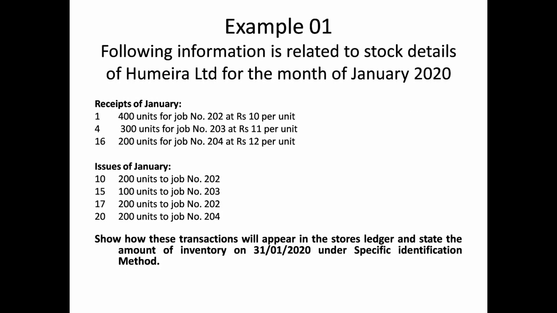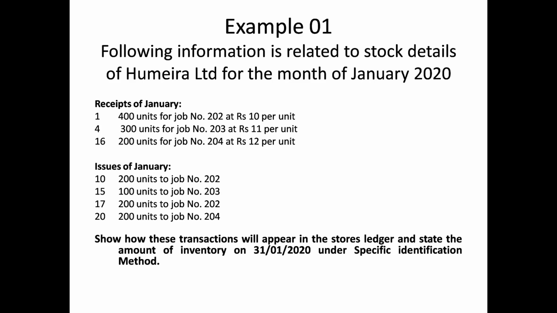Look at this example 1. I have given you some stock details of Humaira Limited for the month of January 2020. I have given you receipts of inventory. You have received inventory to the store. You have purchased them. I have given you the date, quantity purchased, and the job number or the relevant barcode number and purchase price per unit.